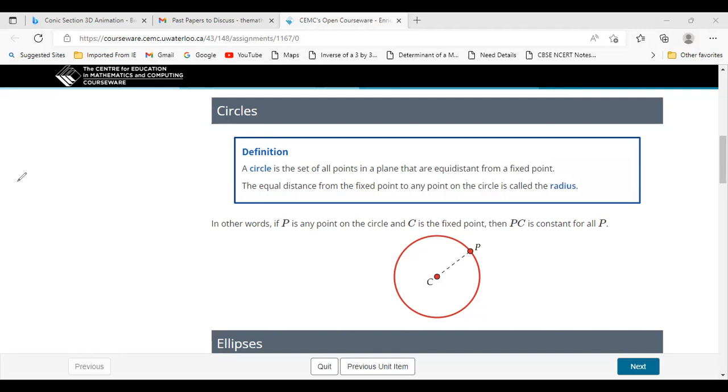But in the extended form, it's x squared plus y squared plus 2gx plus 2fy plus c equals 0. But this is also correct: x squared plus y squared is equal to radius squared. What are G and F?